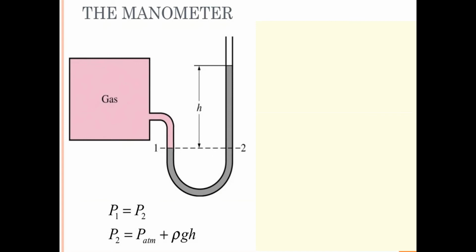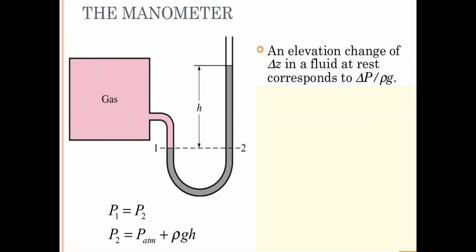Hence, P1 is equal to P2. And the pressure at 2 can be written as the atmospheric pressure, going down, and then that would be equal to gamma H plus gamma H.